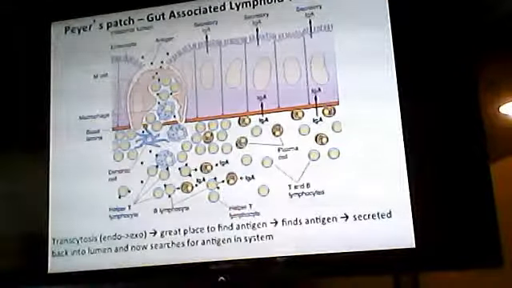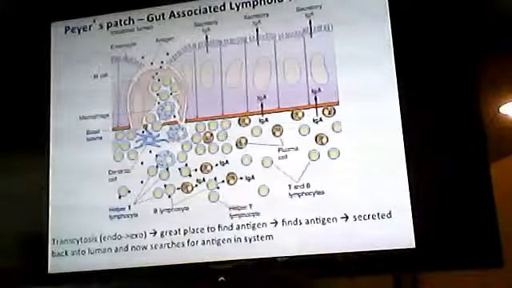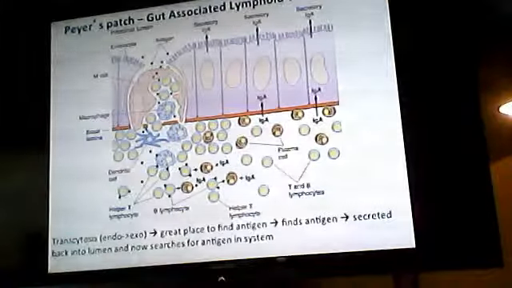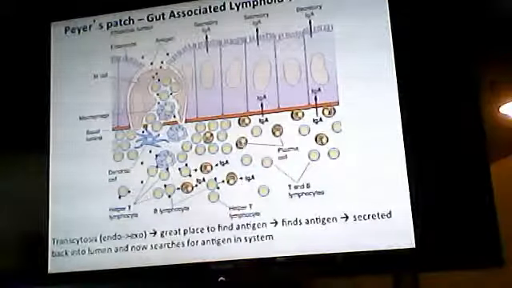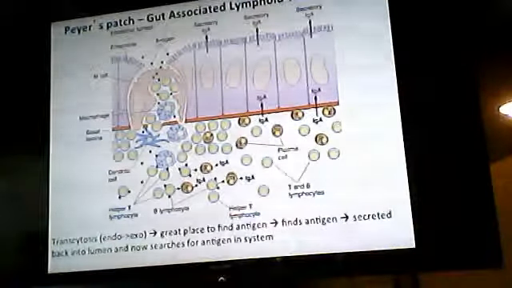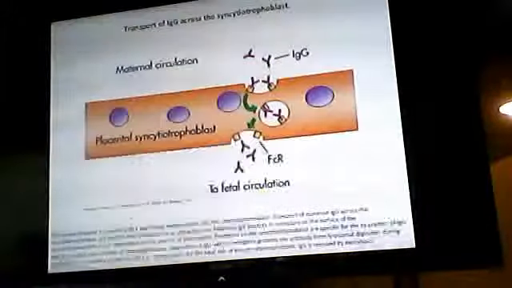Peyer's patches are great places to find antigens because there's a lot of transcytosis, so stuff gets pulled in from one end and thrown out the other, and you release all these antigens around, and you're like, here, naive B and T cells, go find an antigen, and then you can mature, and then you can go forth and do stuff in the system. Yes.